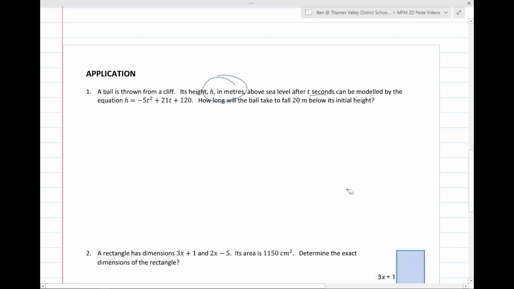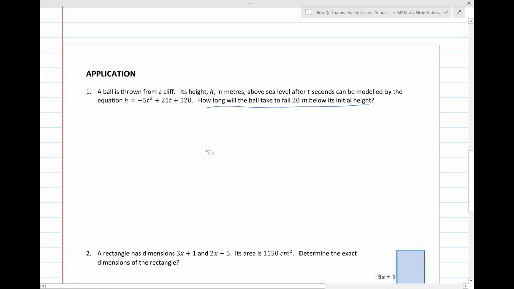So this time our independent variable is time. Our dependent variable is the height of this ball in meters. And this can be modeled by the equation h equals negative 5t squared plus 21t plus 120. They're asking us how long will it take the ball to fall 20 meters below its initial height.